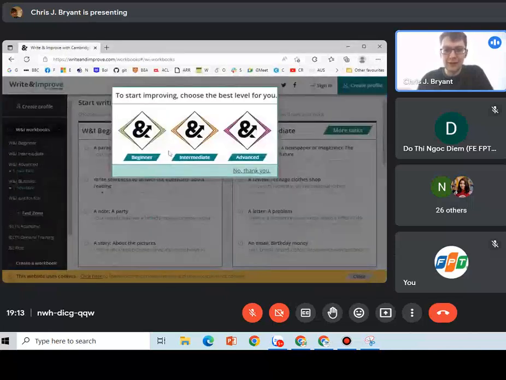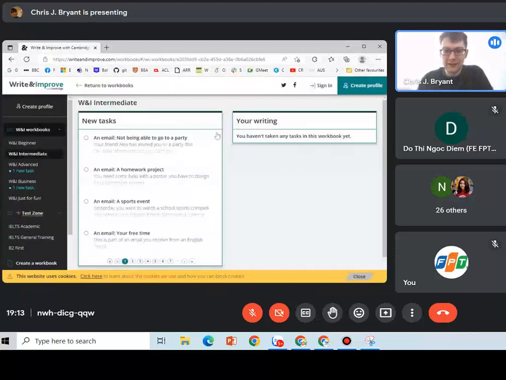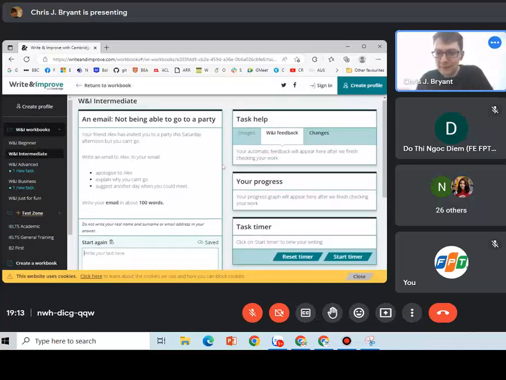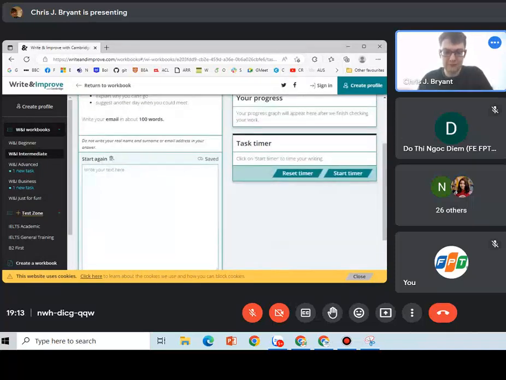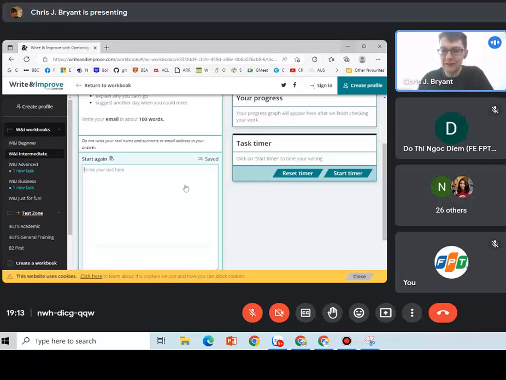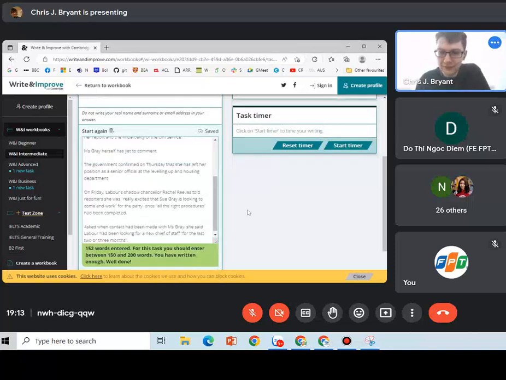Yes, so you go right in, and it asks what level you are. Let's go with intermediate. Then it gives you a task and asks you what to do. It wants 100 words. Let me see if I can find some words somewhere that are going to be off topic, but at least an example.